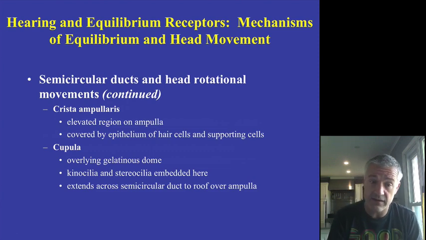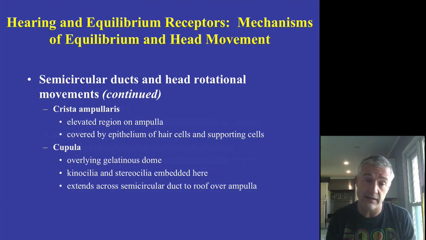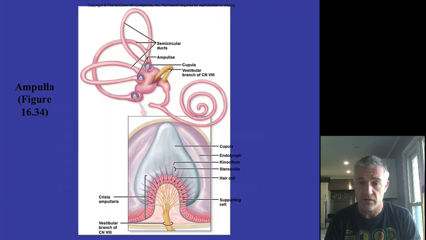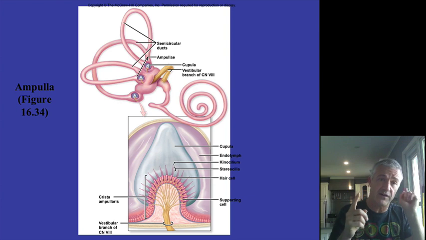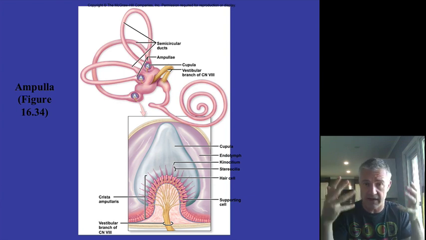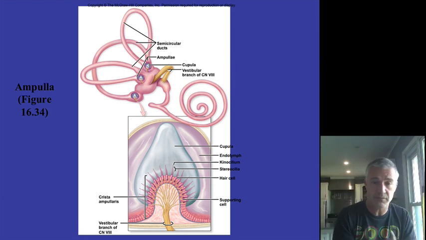Depending on whether this gelatinous top is moved towards or away, we increase the firing pattern one way or the other. We have one in both ears, so when you're spinning in one direction, you increase firing on one side and decrease it on the other, and that says we're spinning in this particular direction.